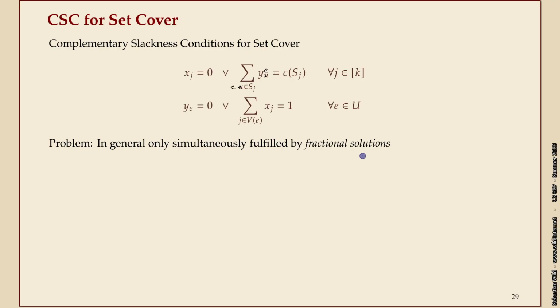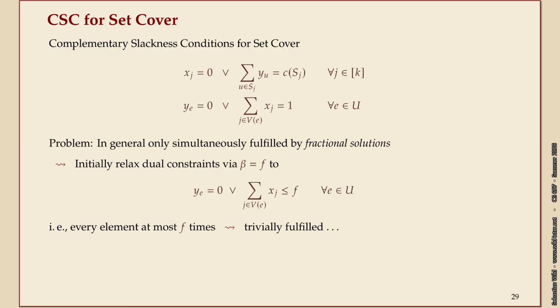In general, this will not be possible to fulfill with integral solutions. So we relax it and we pick alpha as 1, and we pick beta to be f, the maximal frequency of the elements. In this case, it makes this second part trivial, in the sense that all we're asking for now is that if you sum up the variables of all the sets where an element e occurs, it should be at most f.